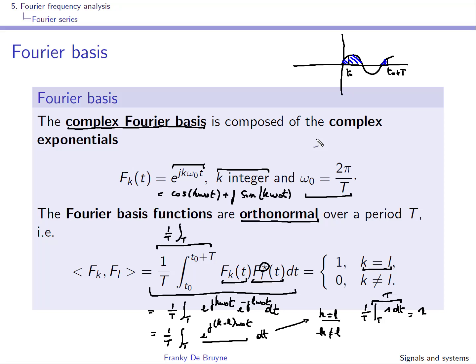This is the part of the curve that is above 0, and in here you'll have the part that is below 0, and if you add this, this will be 0. So integrating trigonometric signals over a period always leads to a 0. So when k is different from l, this is going to lead to a 0. So this Fourier basis is indeed orthonormal when you consider the following inner product.